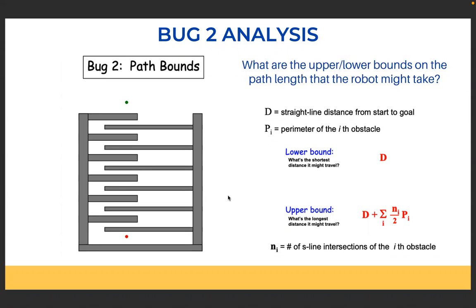If the line intersects that obstacle twice, you multiply that, because you will be traversing that perimeter again. So this pi by 2 is multiplied by the number of times the line hits the obstacle, and from there you determine the upper bound. So the upper bound here is D plus the sum of Ni by 2 times pi. This is the maximum possible distance that the bug2 algorithm can travel.